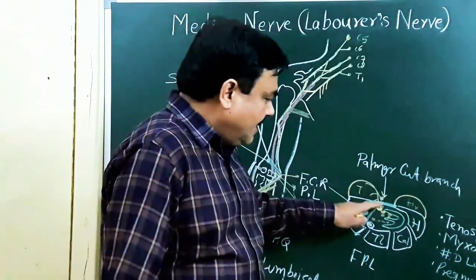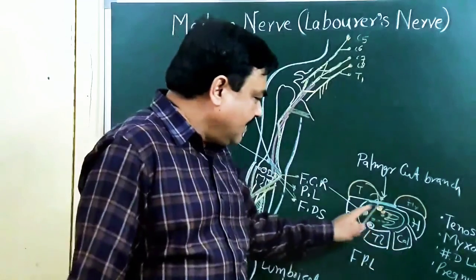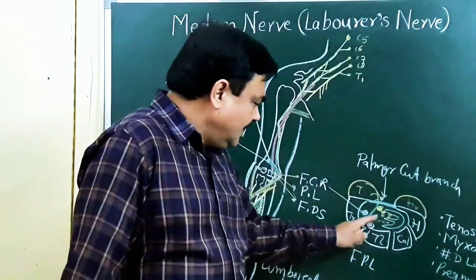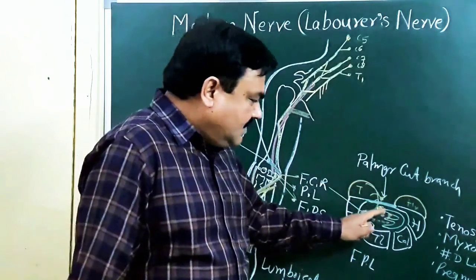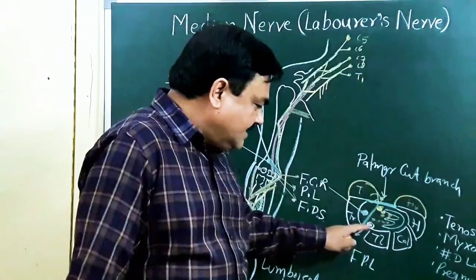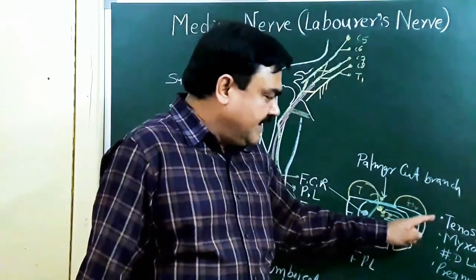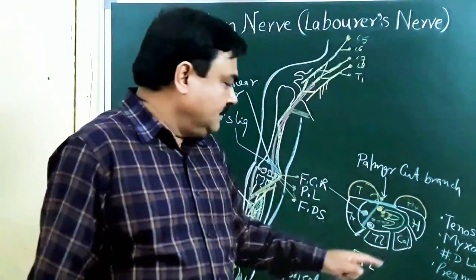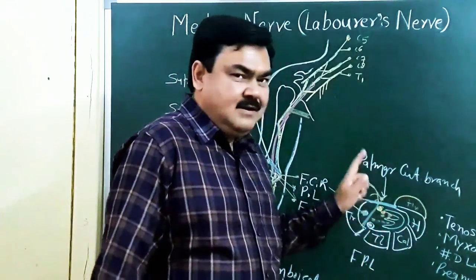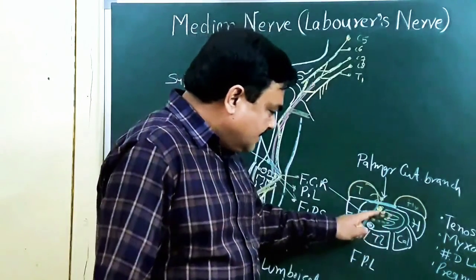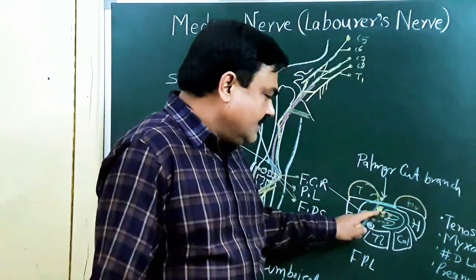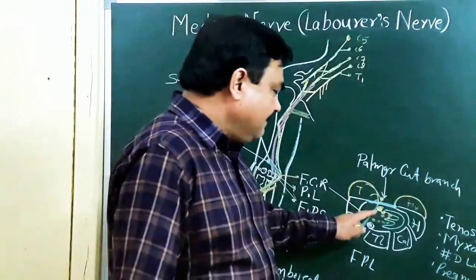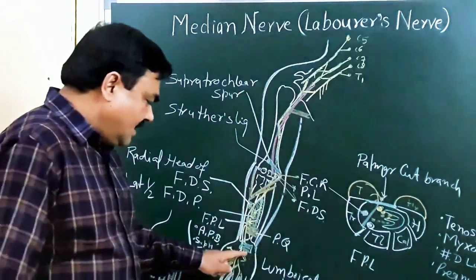Here is the ulnar bursa, here is the radial bursa, here is the median nerve. In case of tenosynovitis of these bursae, myxoedema, fracture dislocation of the lunate bone, or in females during pregnancy, this nerve may be compressed in carpal tunnel syndrome. If this nerve is compressed here, then what happens?